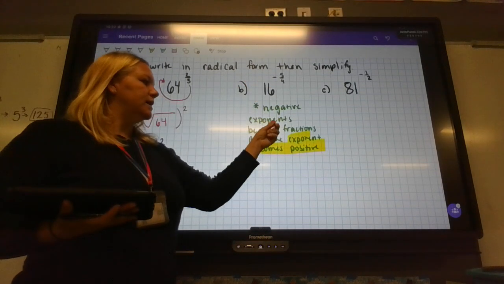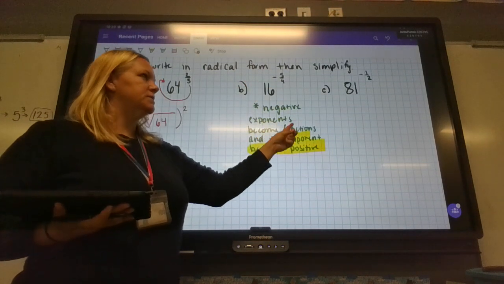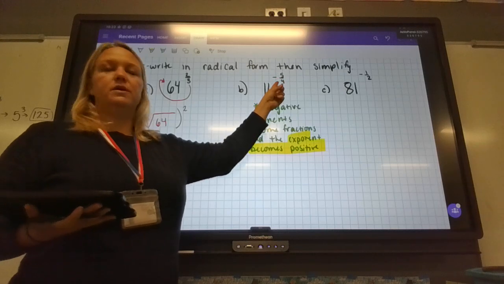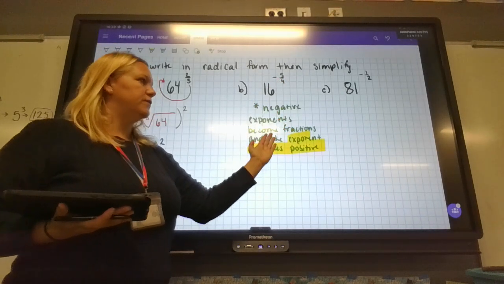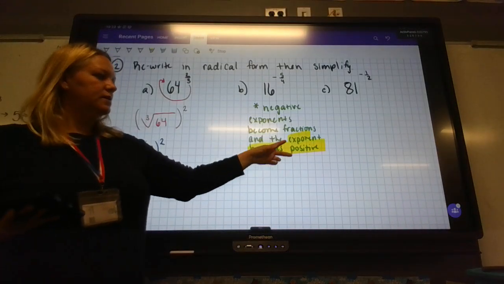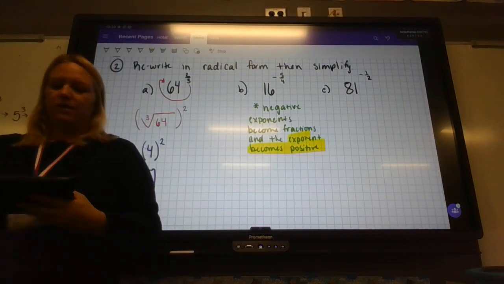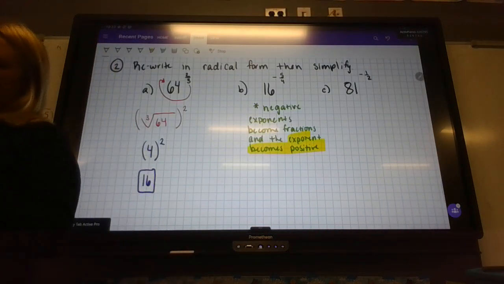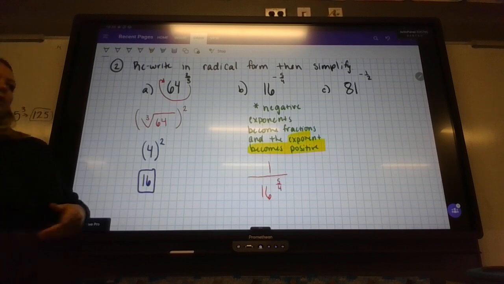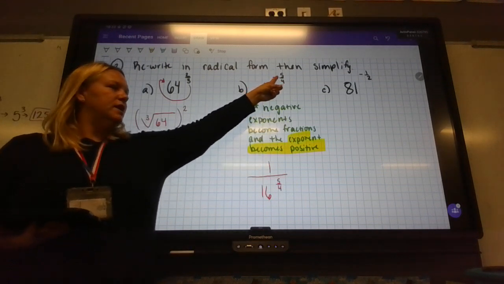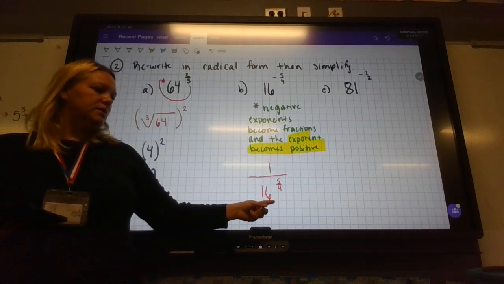So negative exponents become fractions because they really indicate division. So once you put it in fraction form, you put it under 1, the exponent will become positive. And that really should be your first step. So I'm going to put 1 fraction bar. 16, and I'm going to put a positive 5/4. So far, all I've done is change this from a negative exponent to a positive exponent by putting it under 1.